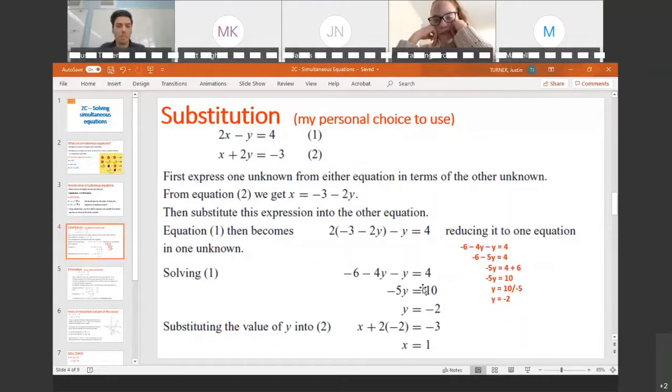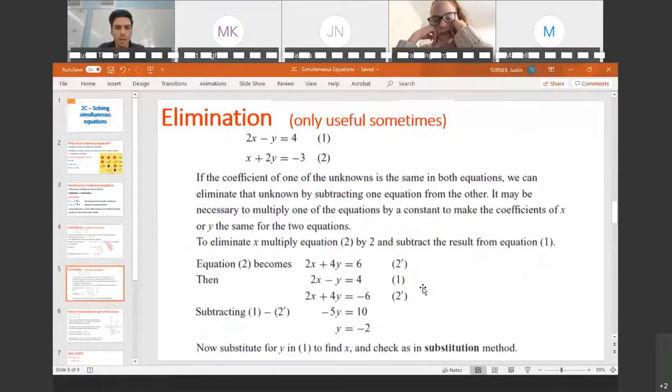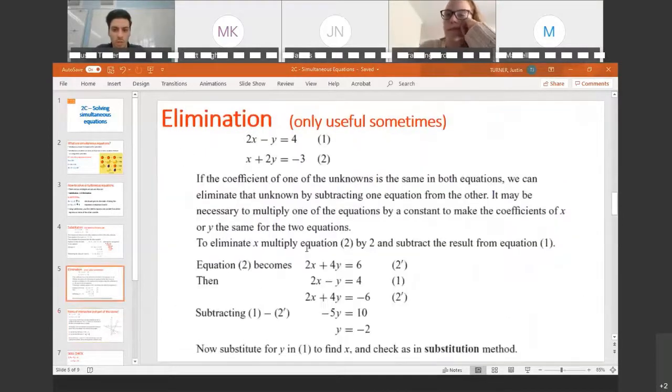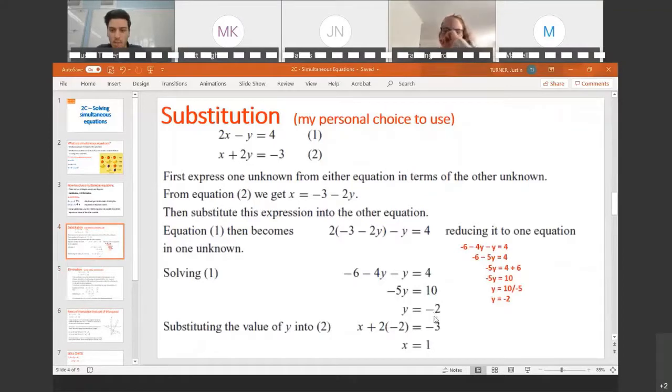Now, something I want to point out, it's not actually part of the course, but I think if you give it a bit of thought, it might help you understand what's going on a little bit here. When we used the substitution method, we had y equal to -2 and x equal to -1.